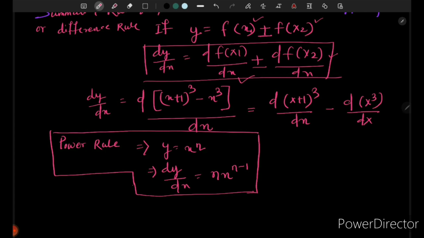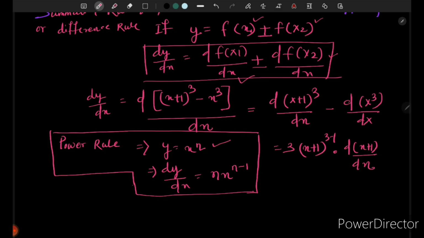So here power n is 3, so I can write it as 3 into (x plus 1) to the power 3 minus 1, again derivative of x plus 1 with respect to dx.